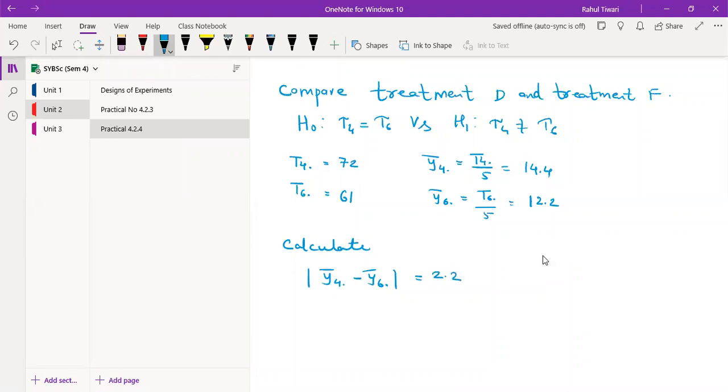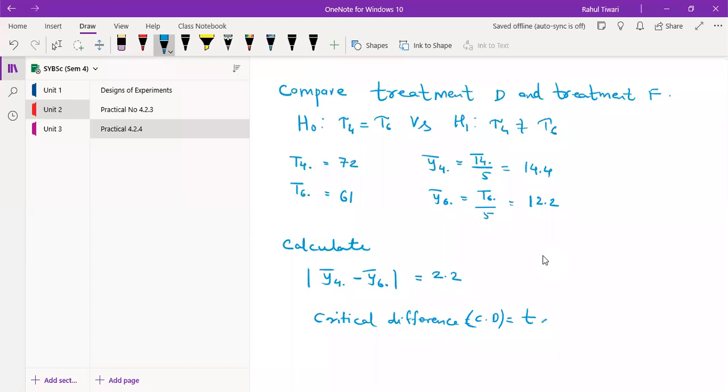And also you need to calculate the critical difference, which is called CD. What is the formula?